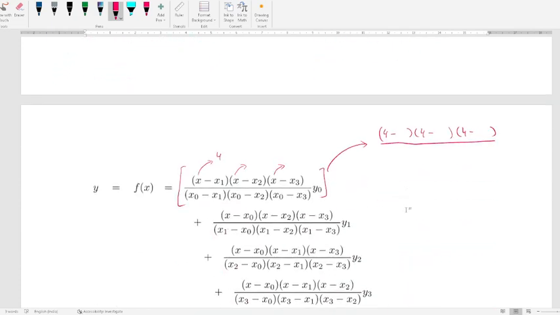So we should write here 0 minus something, 0 minus something, 0 minus something. Okay, so far so good. And then we have got x1, x2, x3. These repeat in the numerator once and in the denominator once, so we'll try to find out what x1, x2, x3 are.